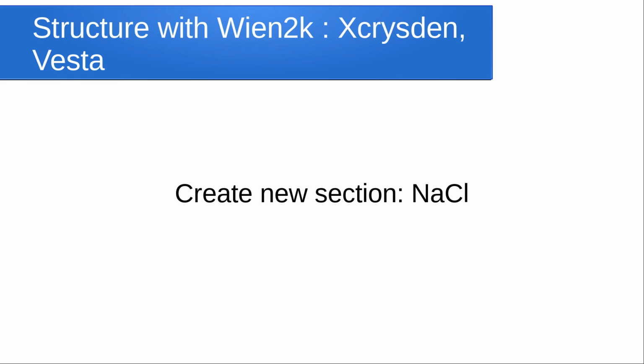If you want to create NaCl, you will create a new section of NaCl, and if you want to create the structure of any other material, you definitely create a new section of that material. So in today's video I will create the structure of NaCl. So let's start.